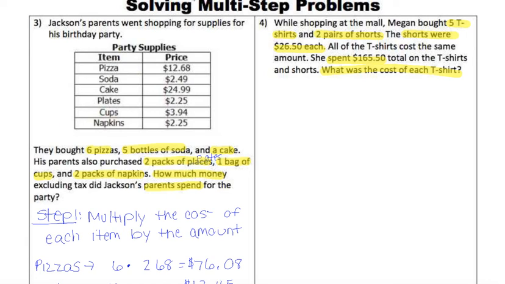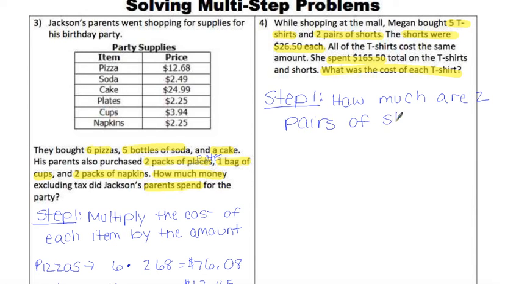So if we look at this one, step 1 is going to be to figure out how much were 2 pairs of shorts. So how much are 2 pairs of shorts?